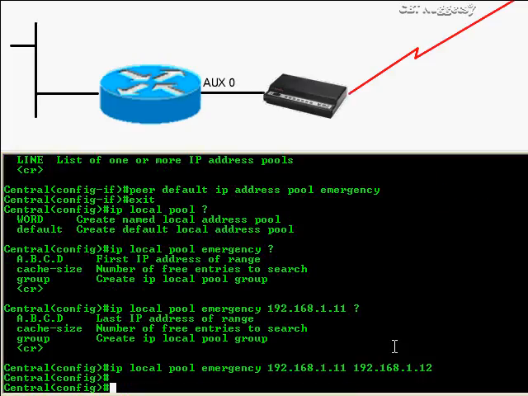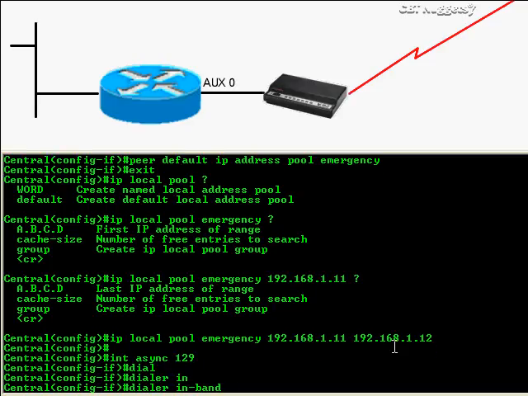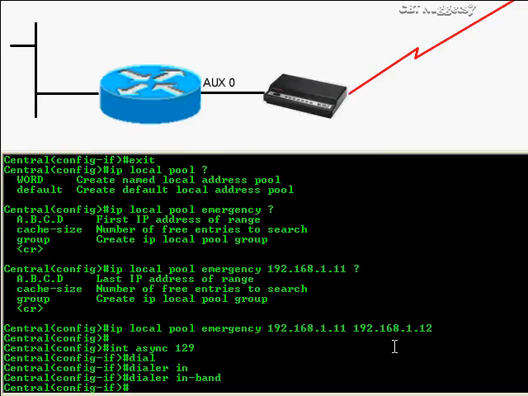All right. Let me get back to the interface async 129. Get back into that interface configuration mode because there's a few more things that we need to configure. First off, we need to type in the command dialer in-band. Enter. That allows this line to dial out if it needs to. Now, this isn't for incoming calls.